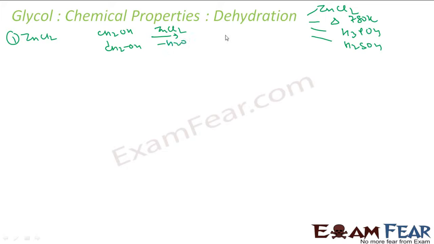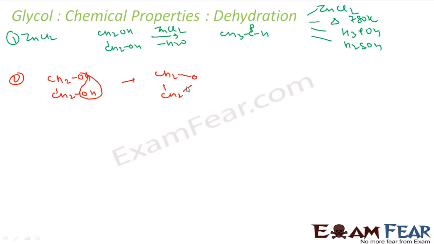So I'm removing water, I get CH3CHO. Let's see the other one, that is heat. So if we just use heat, see what happens. I'll just show you. In this case, this water molecule comes out like this. So what you get is CH2O, CH2O. This is ethylene oxide plus water. Correct?